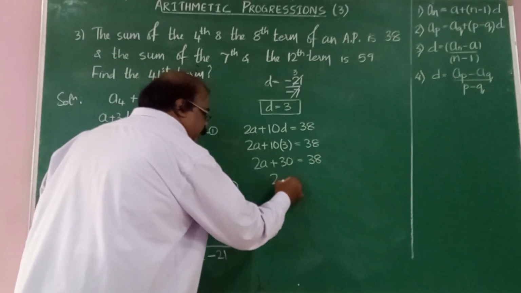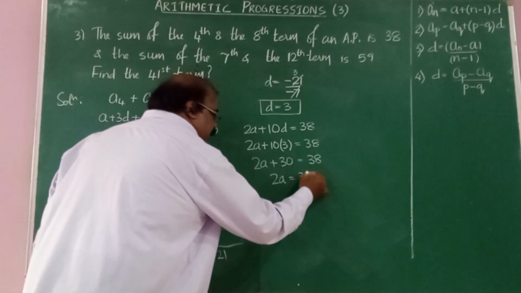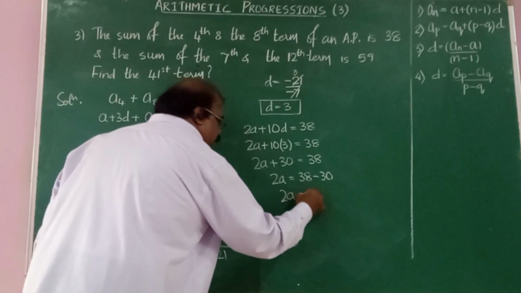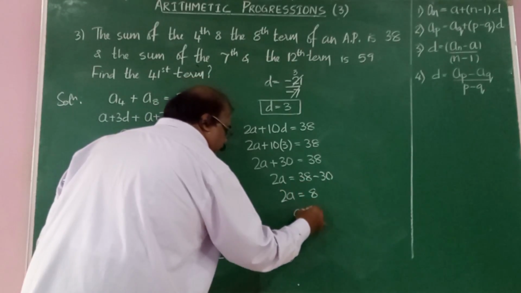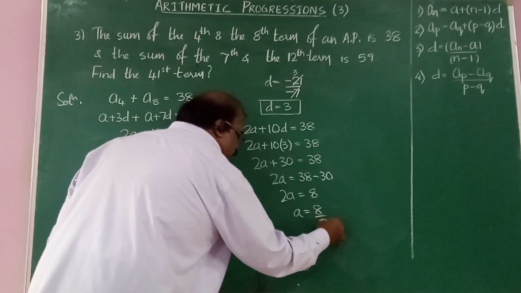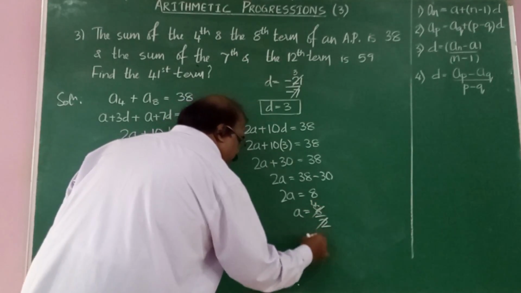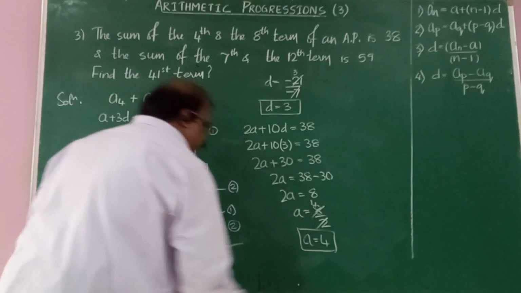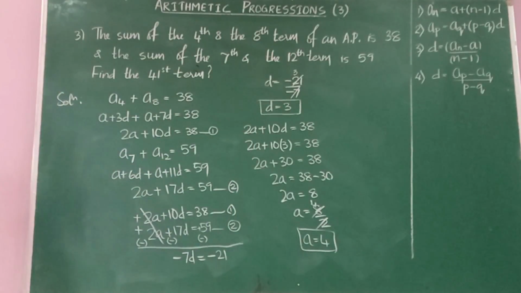So what is 2a? 38 minus 30. So 2a is equal to 8. So the value of a is 4. Now I know the value of a, I also know the value of d.